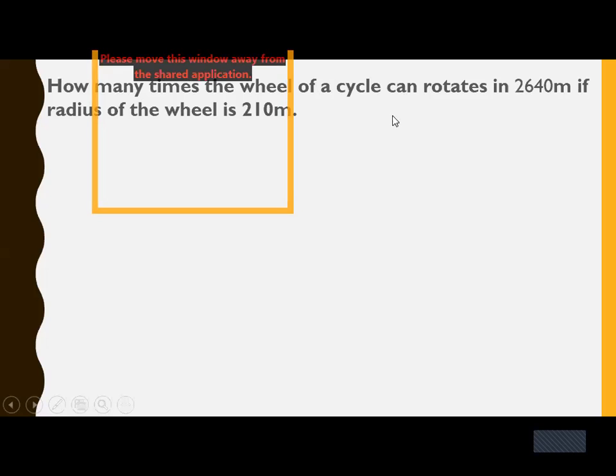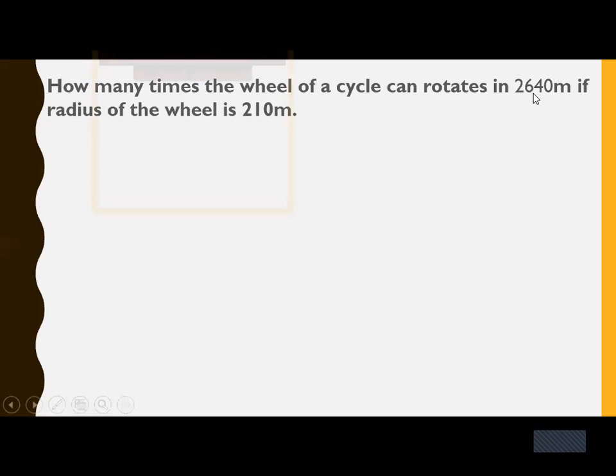Now, in the same way, you can solve this question: how many times can the wheel of the cycle rotate in 2640 meters if the radius of the wheel is 210 meter?